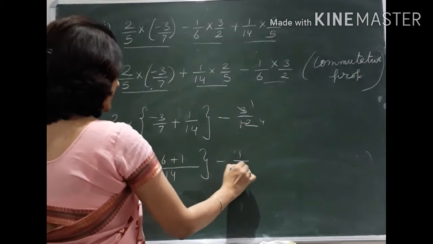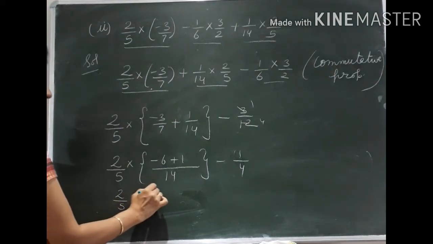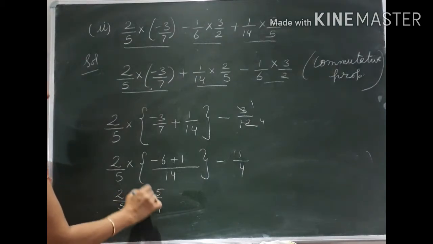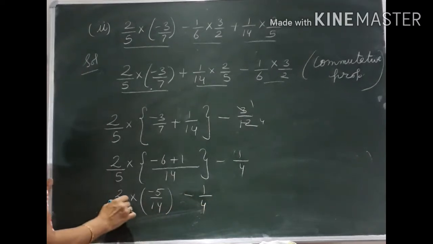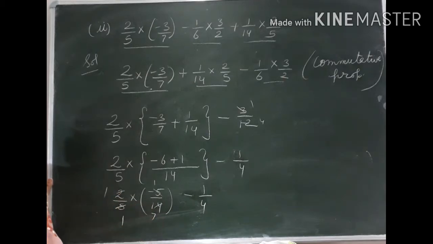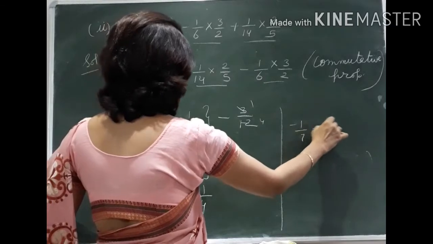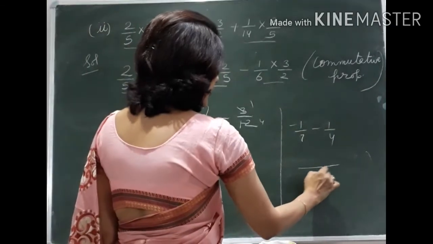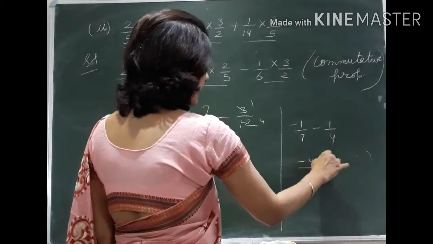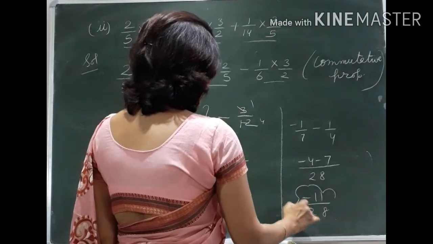So you can write here 1/4. So 2/5 multiplied by -5/14 minus 1/4. Cancel: 5 ones are 5, 5 ones are 5, 2 ones are 2, 2 sevens are 14. So I am left with -1/7 minus 1/4. The LCM is 28. So -4 minus 7 is equal to -11/28.